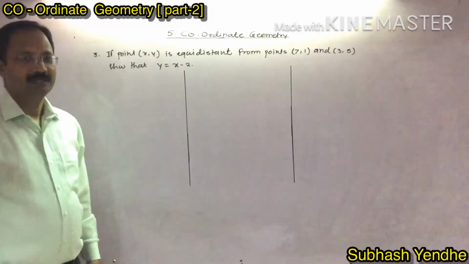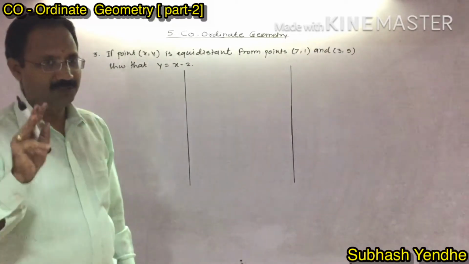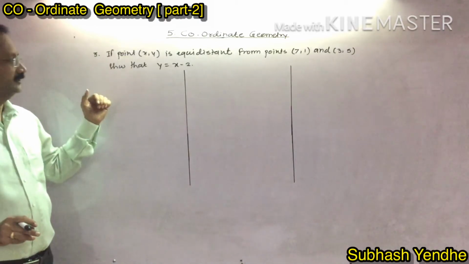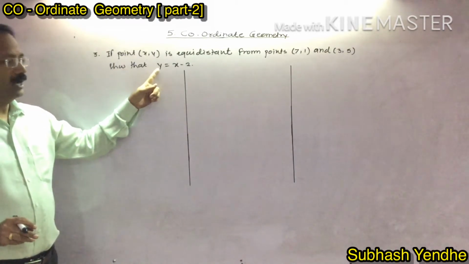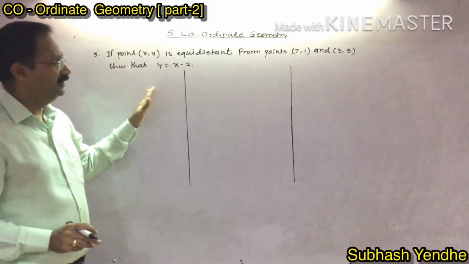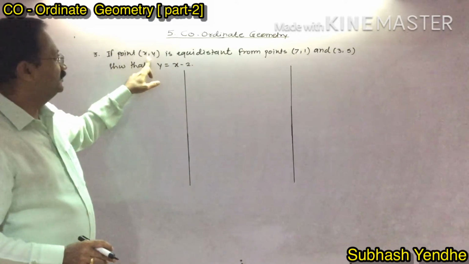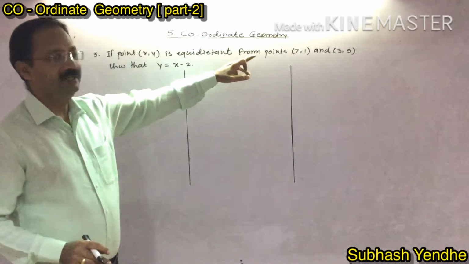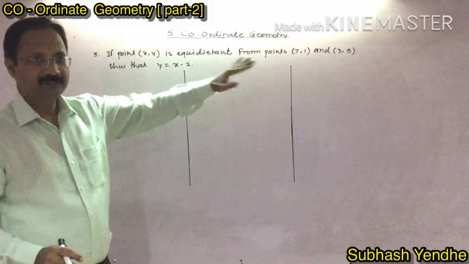Okay? Let's start with the third sum, which is a different one. Here you have to show that y equals x minus 2. Again, the question is: the point xy is equidistant from points 7,1 and 3,5.